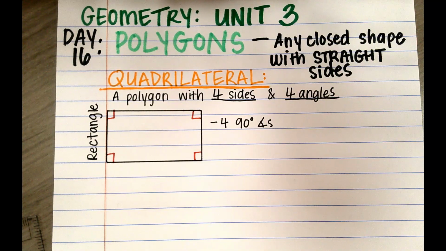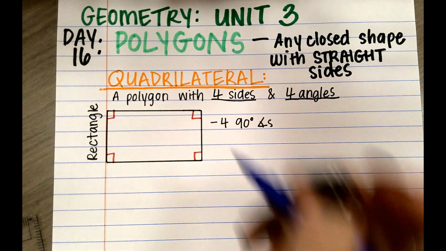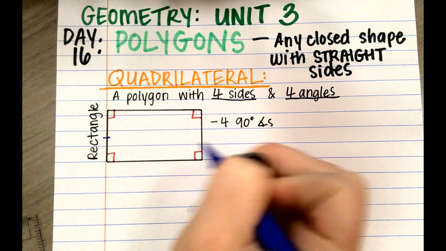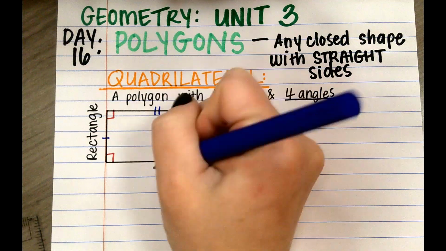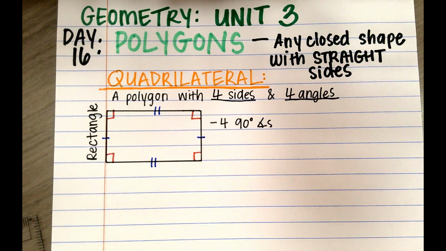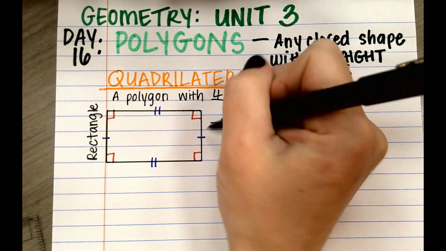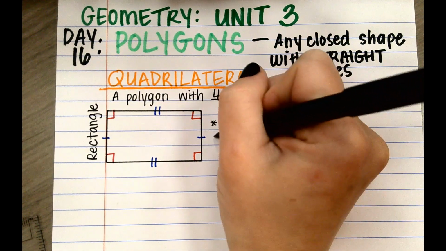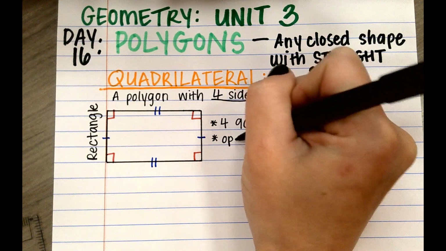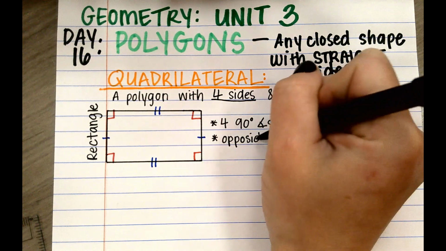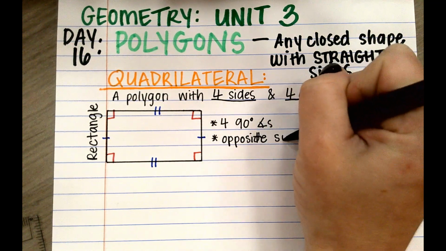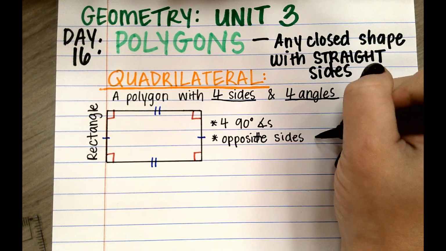Those little dashes, tick marks. So I'm going to put one tick mark on the shorter sides. And then two tick marks on the longer sides, because we don't know that they're equal exactly, but the opposite sides are equal. So 4 90-degree angles and opposite sides are equal.